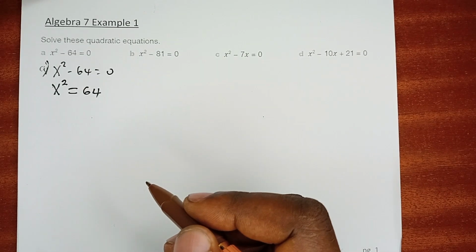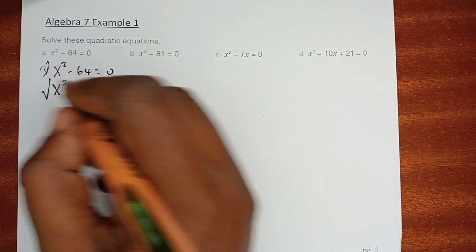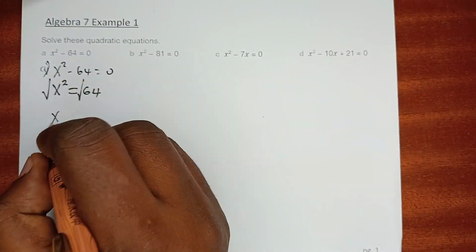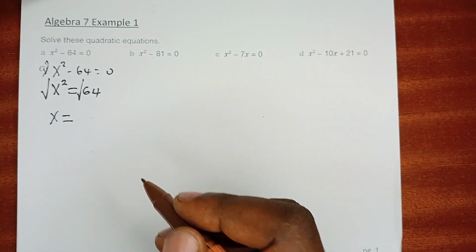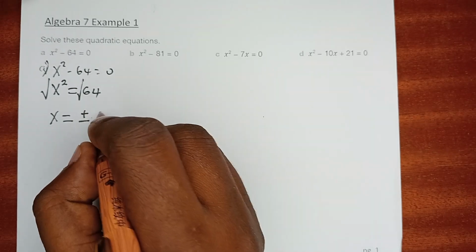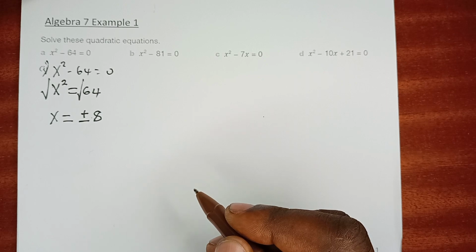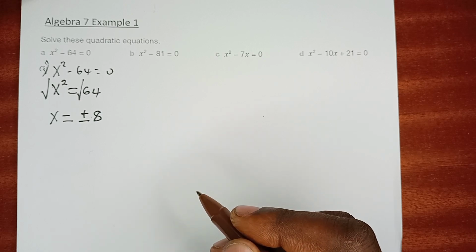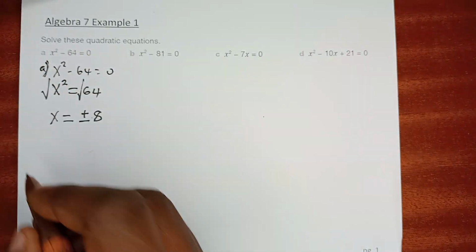When we take 64 across the equal sign, finding the square root on both sides, we have x is equal to the square root of 64, which is always plus or minus 8, because negative 8 squared is also 64 and positive 8 squared is also 64. That is as far as part A of the question is concerned.